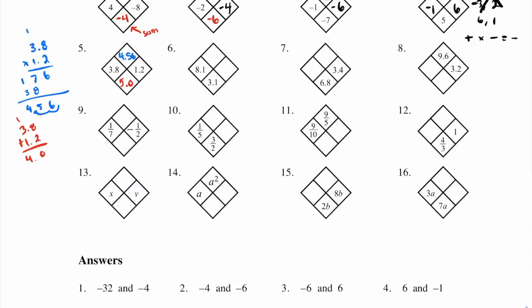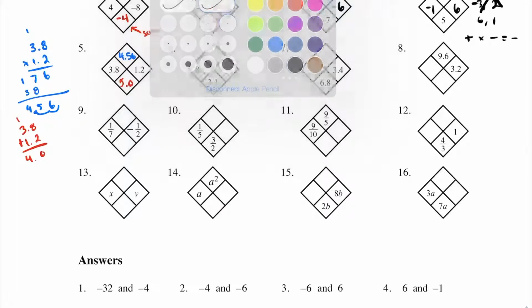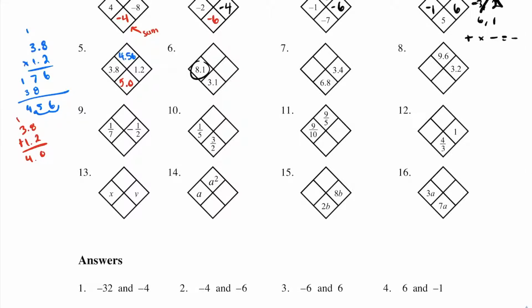So here, they give me one of my air quote factors and my sum. So I know that 8.1, right? 8.1 plus some number that I don't know is going to leave me with 3.1. Okay?